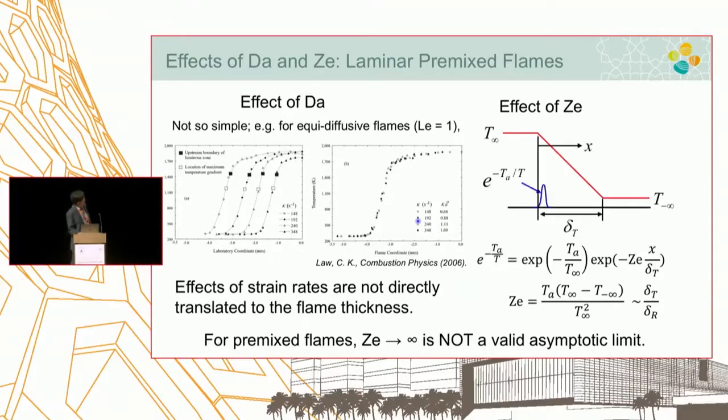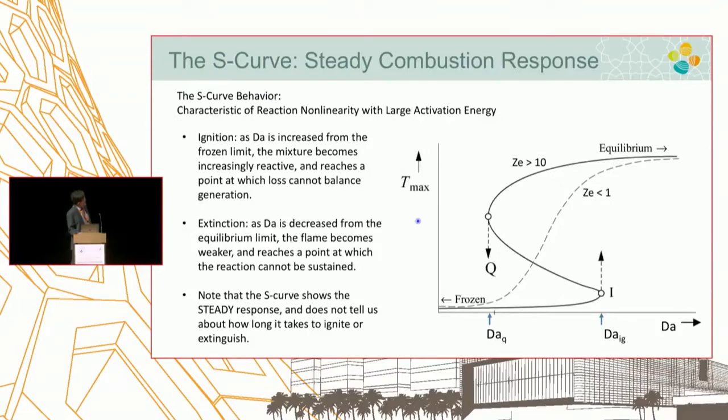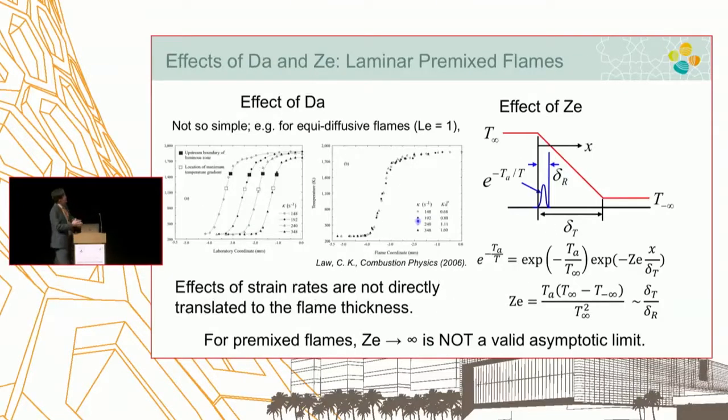This is also a foundation of the asymptotic method, asymptotic theory. Because of this exponential nonlinearity and large activation energy, the typical Zeldovich number of a typical hydrocarbon system is an order of magnitude larger, about 10.